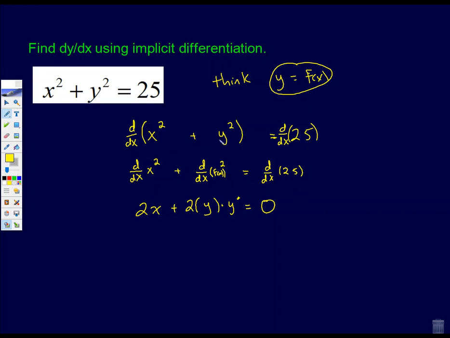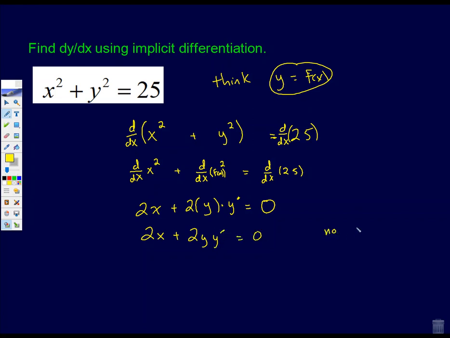And so anytime I have a term with y in it, you differentiate as usual, but always use the chain rule. So the derivative of y squared is 2y times y prime. Let's write it without parentheses, and then we're going to solve for y prime. So I've got 2x plus 2y times y prime equals 0.